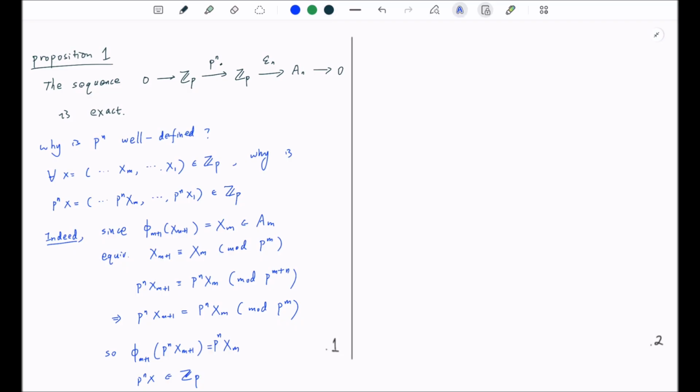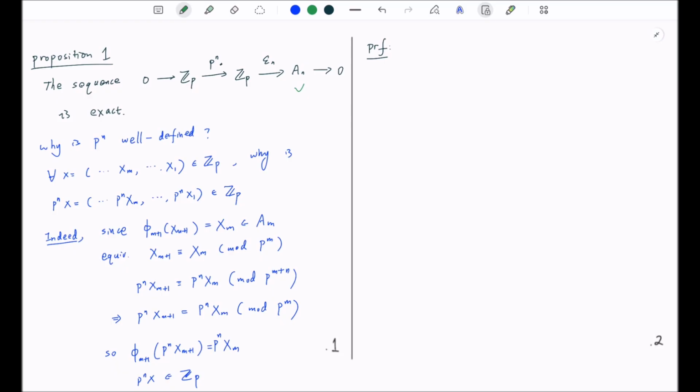And now we start proving this proposition. The exactness here is very clear, because epsilon sub n as a projection is always surjective, so it is clearly exact at this position.